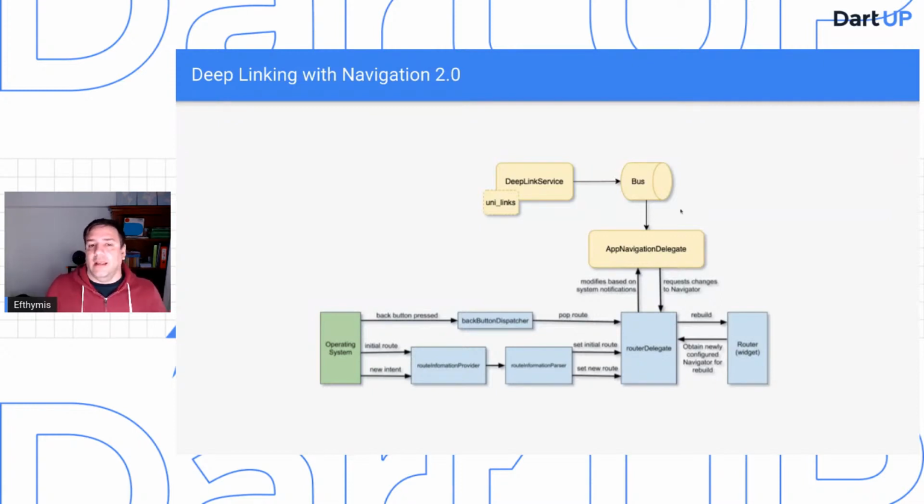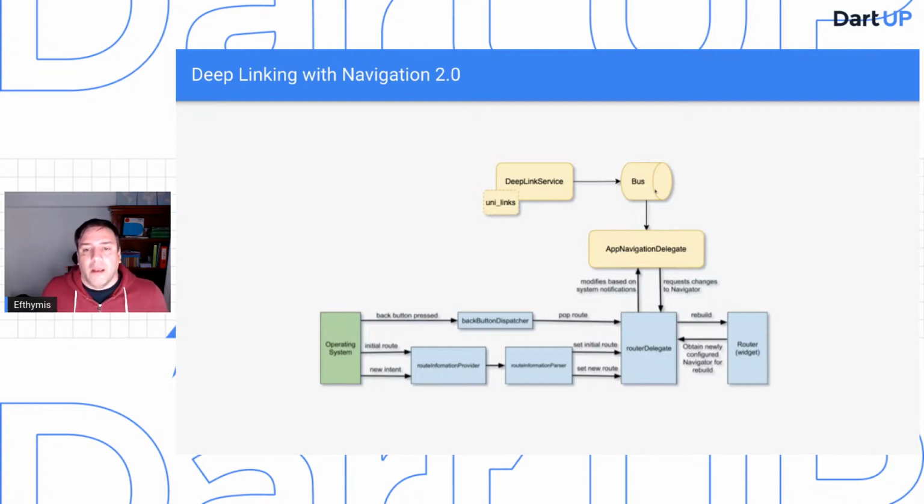Let's say a user signed in event comes here. Then the app navigator delegate will listen to that event, and whenever that comes in, say, oh, okay, the user has signed in, so I need to display my first screen after sign in. So I will create a list of pages which has only one page, the welcome screen, because I don't want the user to go back to the login.